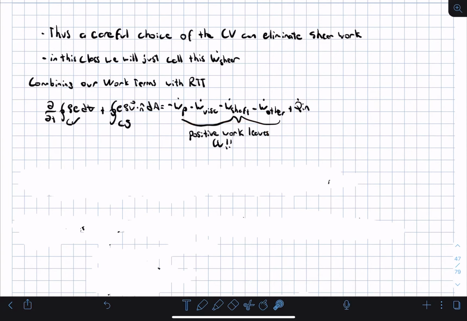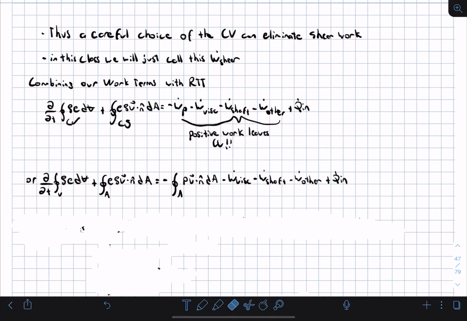That's the standard engineering notation. And if I use our relationship that we found for the pressure work, where it's the integral of minus p n hat dotted with the velocity vector over the control surface, I get this expression here, where again, all I've done was I replaced W dot P with our formal work that we then calculated.